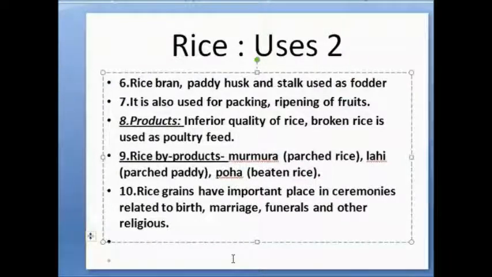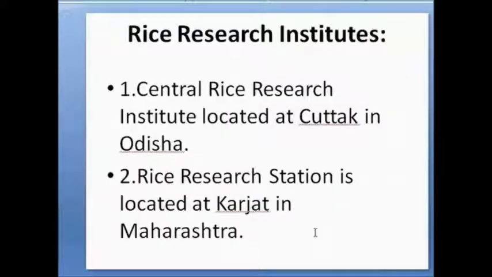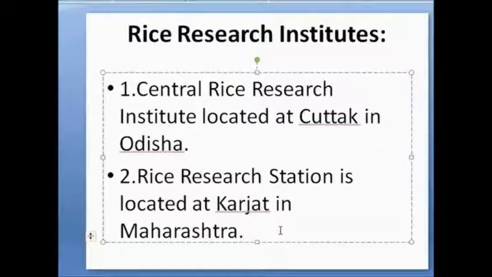There are various rice research institutes in India. The Central Rice Research Institute is located at Cuttack in Odisha. Another rice research station is located at Karzat in Maharashtra. These two are important rice research institutes.